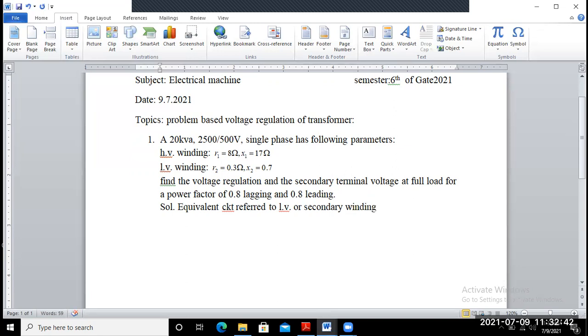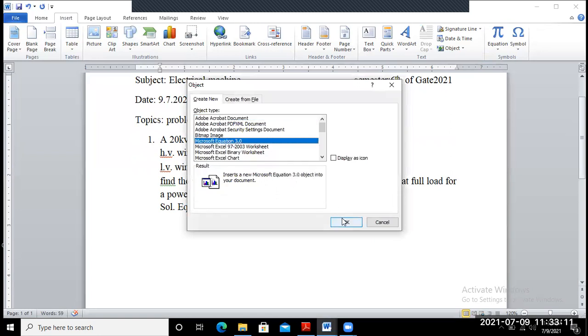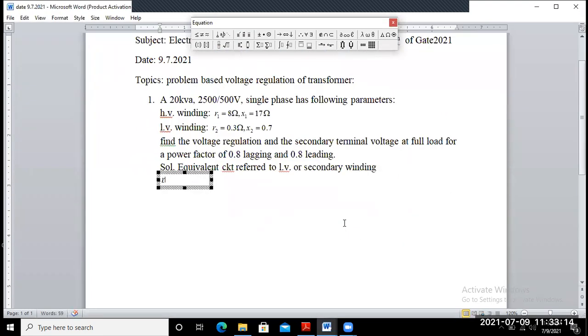So RE2 equal to how much? That means the total parameters transferred towards the LV winding. The equivalent resistance of the secondary side can be written as the secondary side resistance plus the primary side resistance transferred towards the secondary side. So RE2 equal to R2 plus R1 referred to the secondary side.